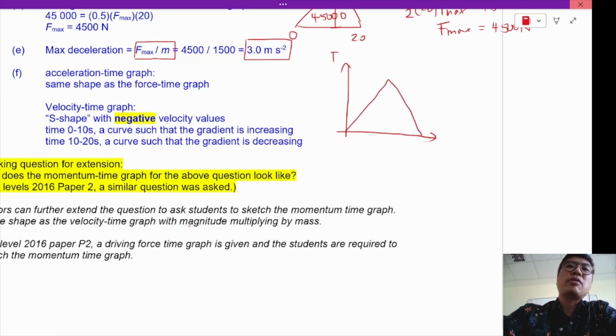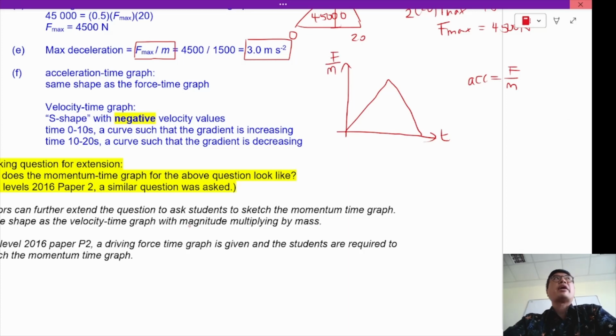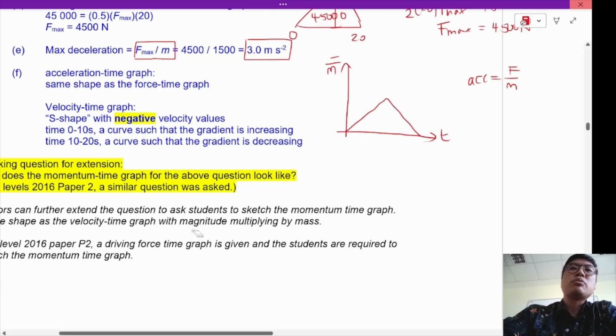So here's the force and time. Now, how do we get acceleration? Acceleration is force divided by the mass. So what happens if we divide this whole graph by m? I guess the graph will shrink a bit, but now this will be the acceleration graph. The acceleration graph will be simply the F-t graph divided by m.